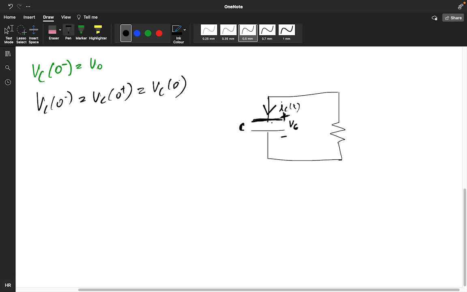Now what I am saying is, see the polarity of the voltage, it's positive, it's negative, and it will behave as a battery. The current will flow from the positive terminal to the negative terminal.